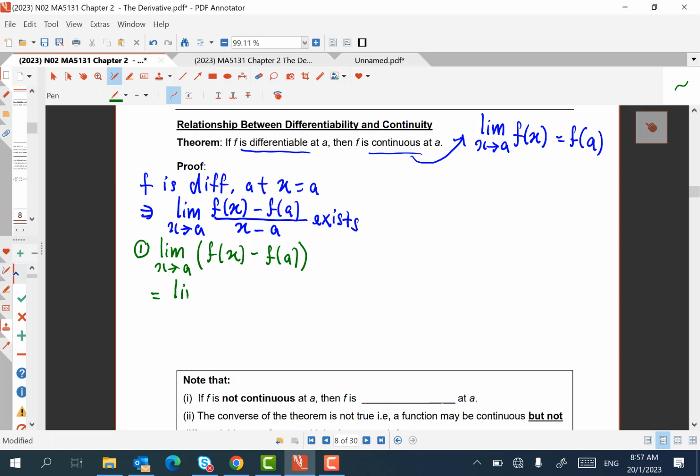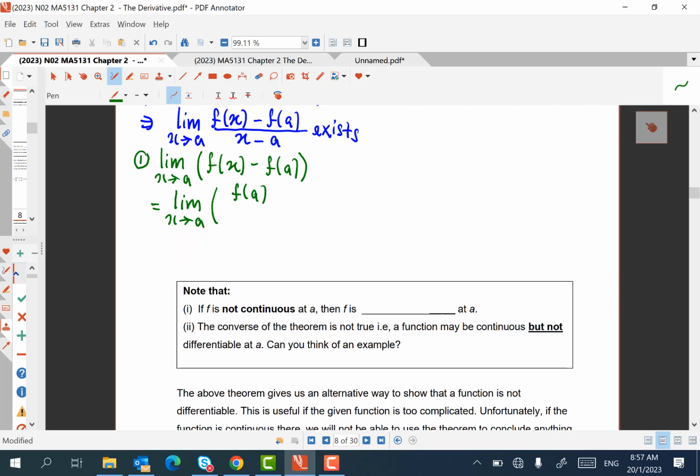To do this, and in order to make use of the result above, I'm going to introduce x minus a below, and therefore I multiply by x minus a.